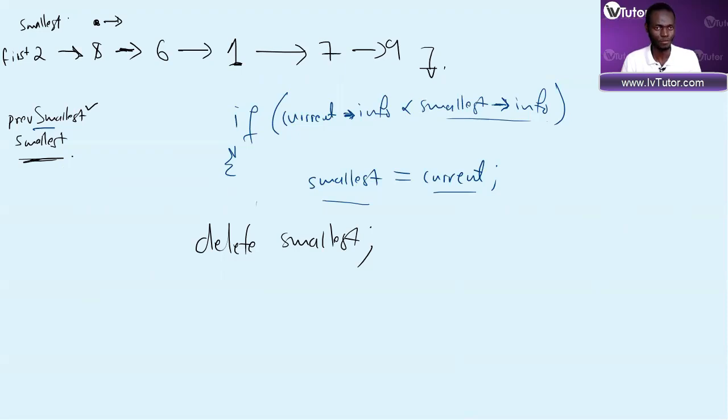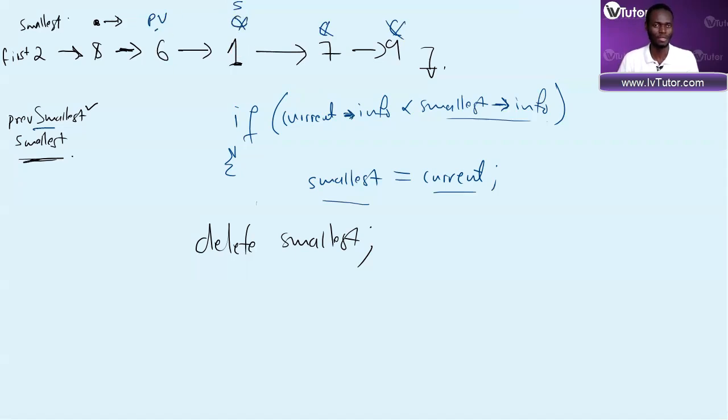Which means when our current gets here, we want to move smallest to here and prev smallest to here. And then our current will keep looping until it gets to the end. And when we are done, our smallest is here, our previous smallest is here. Now we can delete this node because we've got a pointer here and a pointer here.